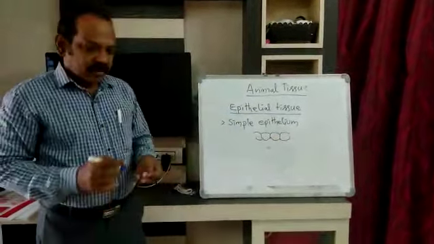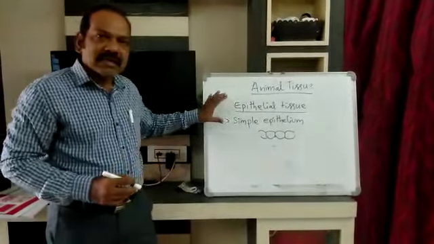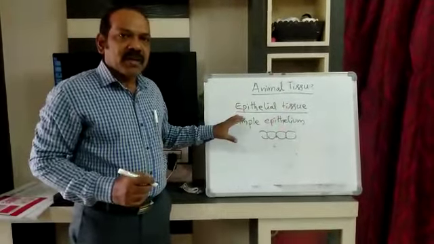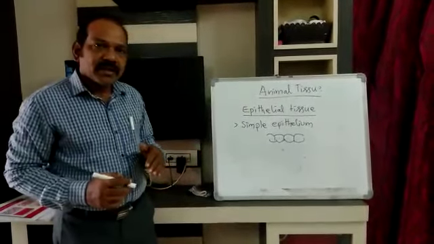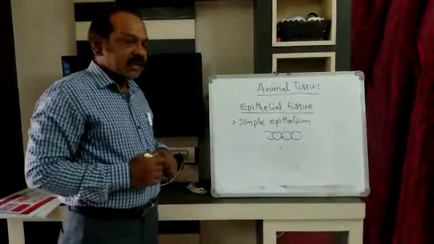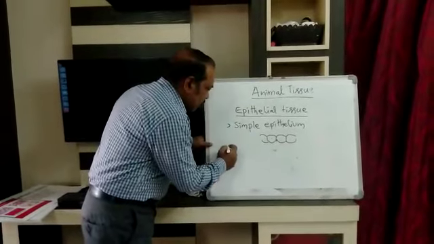If the cells in epithelial tissue are arranged in a single layer, that epithelium is called simple epithelium. If the cells are arranged in more than one layer, it's called stratified epithelium.